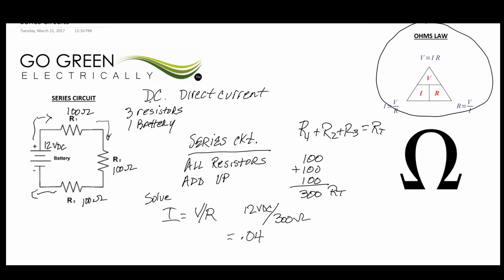Because remember, V is measured in volts, R is measured in ohms, and I is measured in amps.